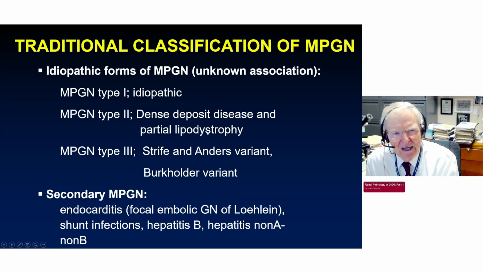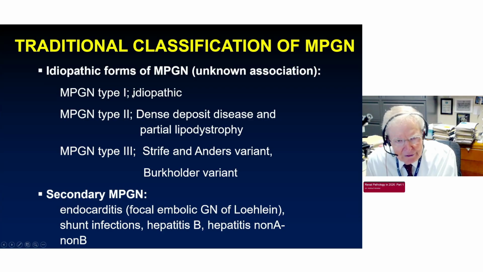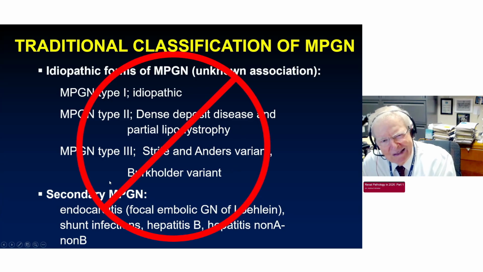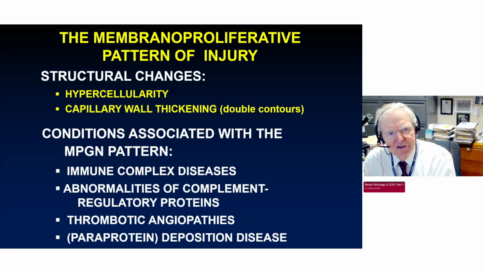And I think anytime you call something idiopathic, it means that we are ignorant about the cause or the mechanism, at least. So I think this is an obsolete, old nomenclature that we should not use. It is a pattern of injury. The membranoproliferative GN is a pattern of injury, not necessarily a disease, as you will see.